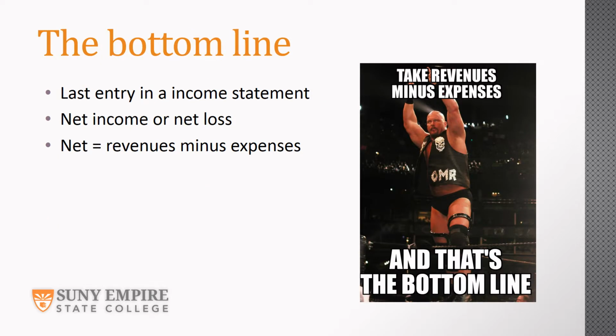As mentioned earlier, the largest concern of most members of management is the bottom line, whether or not the company is making money. On an income statement, this bottom line is literally the bottom line. Net income, or net loss if the amount is negative, is located at the very bottom of the form.